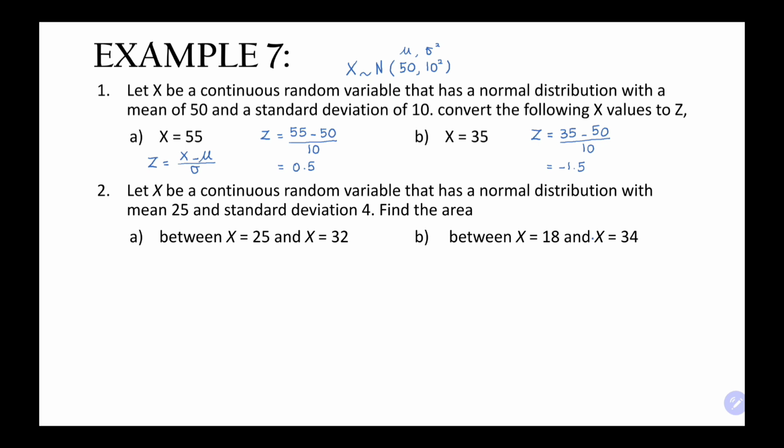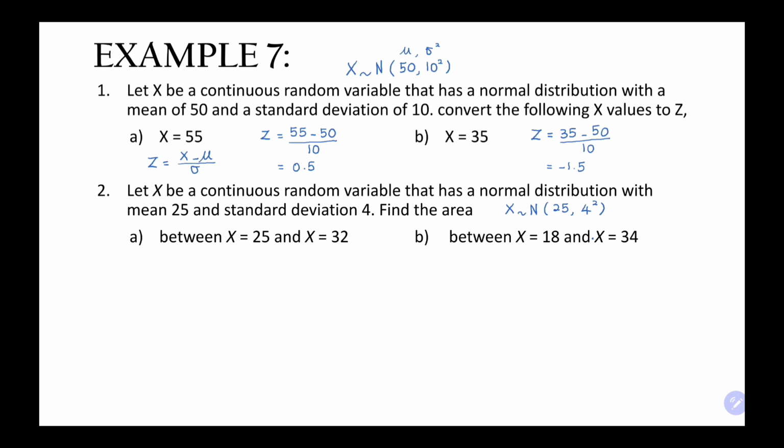Question number 2. Let X be a continuous random variable that has a normal distribution with mean 25 and standard deviation 4. Okay, from this statement, we know that X is normally distributed with mean 25 and standard deviation 4. Tapi tempat kat sini adalah variance, bukan standard. So kita letak 4 square.